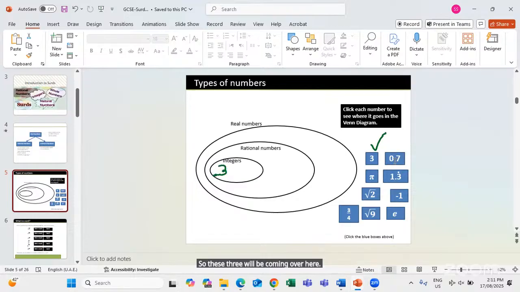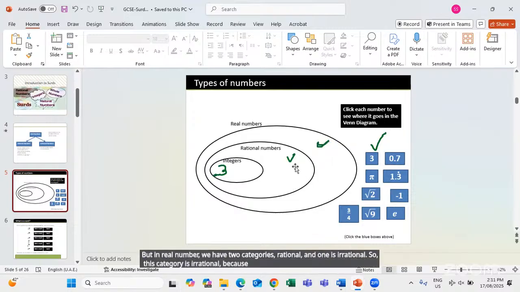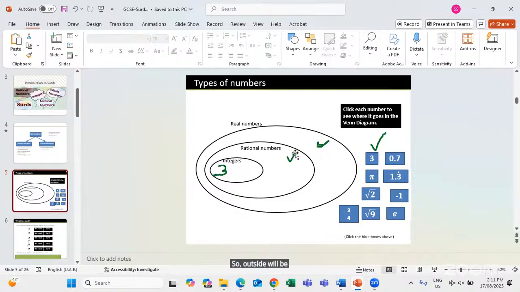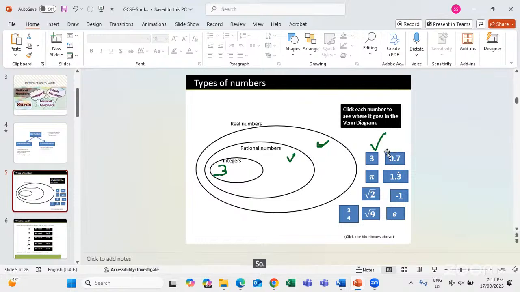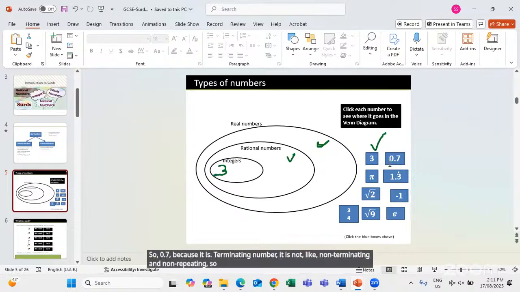Then we have 0.7. So 0.7 is basically a real number, but in real numbers we have two categories, rational and irrational. So this category is irrational because rational is covered here. So outside will be irrational, and then rational and irrational are covered within the real numbers. So 0.7, because it is a terminating number, is not non-terminating and non-repeating, so that is not the category of irrational.